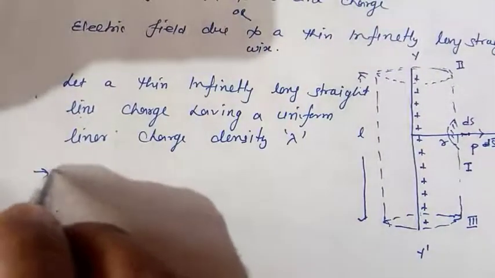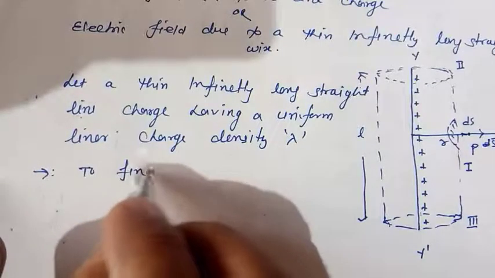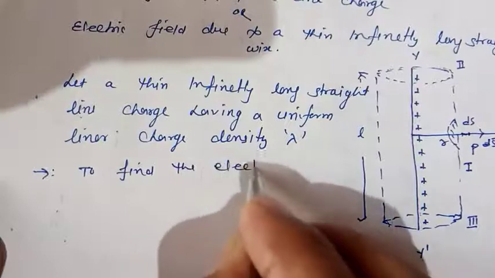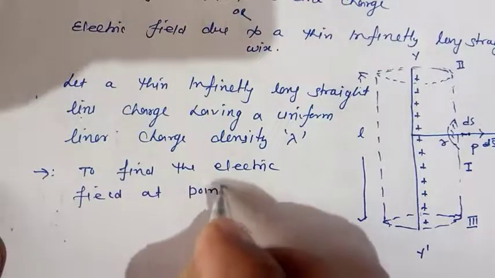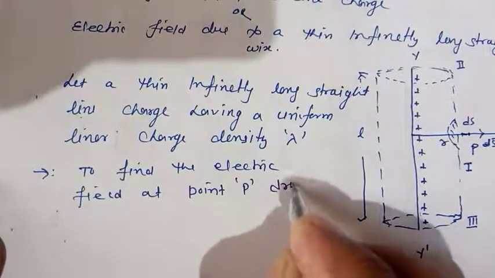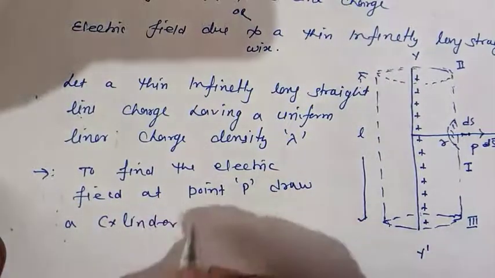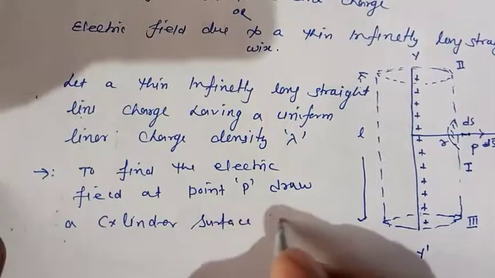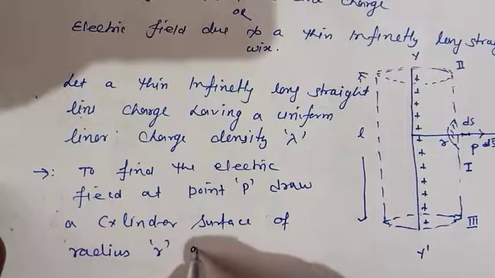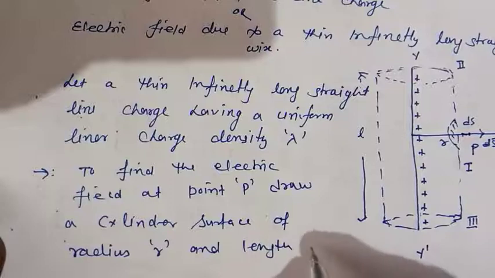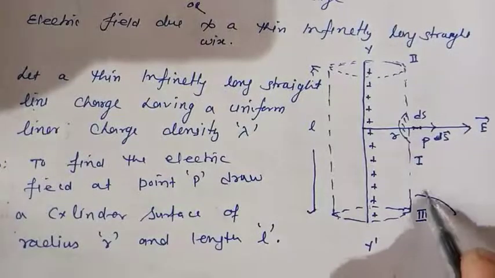So first of all, write: to find the electric field at point P, draw a cylindrical surface of radius r and length L. This cylindrical surface is called the Gaussian surface.